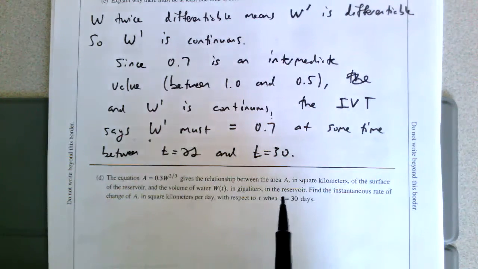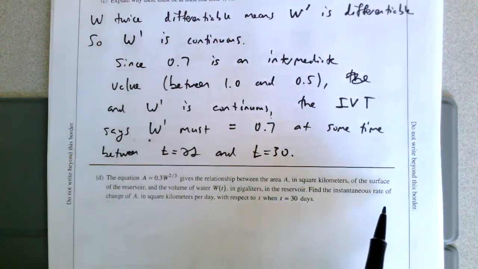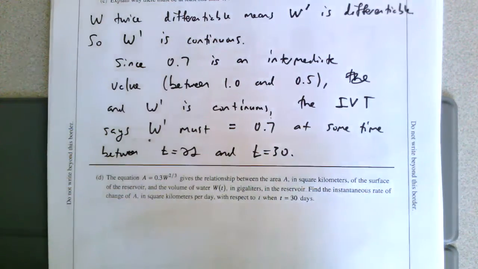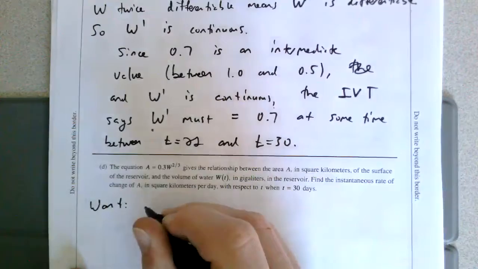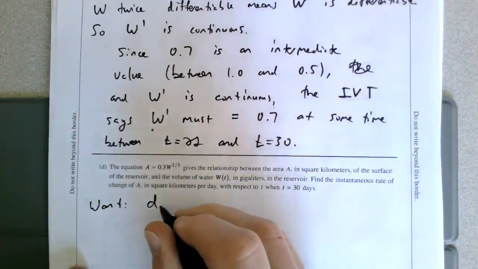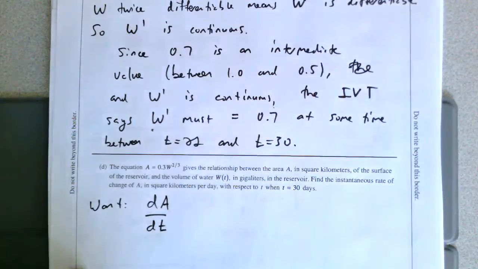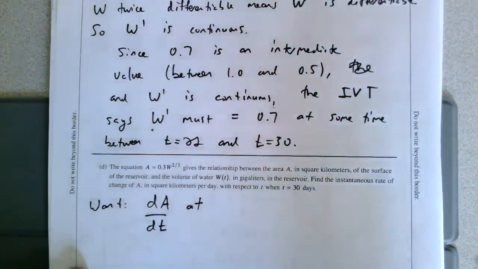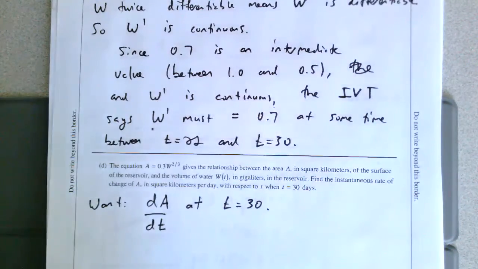Okay, so there's a relationship between the surface area A and the volume W. Find the instantaneous rate of change of A in square kilometers per day with respect to T when T is equal to 30 days. What they want here is the instantaneous rate of change of A. That's dA/dt, the derivative of A with respect to time. And they want it specifically at T equals 30 days.